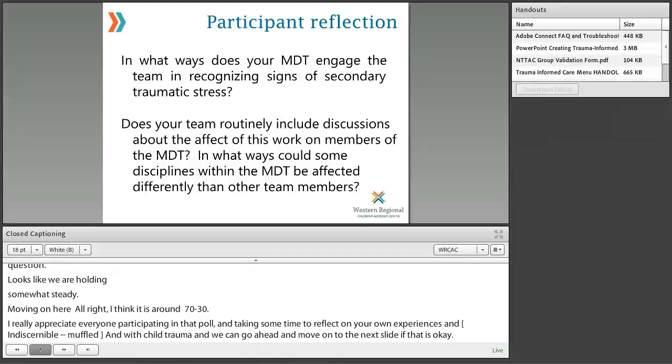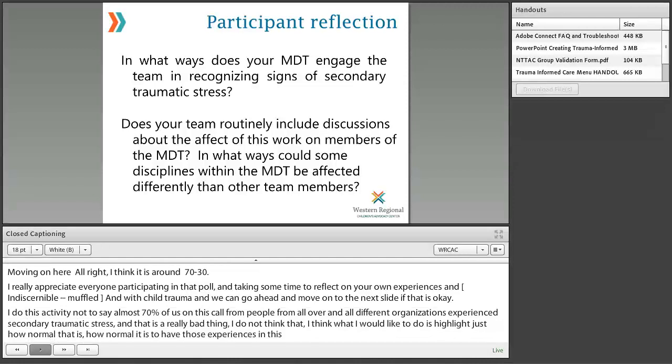I'd like to highlight just how normal it is to have those experiences when you're in this field, and to validate that this is an experience a lot of us have, that it affects our work, and that it's really worth taking the time in our organizations to have the space to learn about secondary trauma and its impact on us and ways in which we can reduce that as a workforce. I really see this as quite a critical piece of trauma-informed care. So with that, I'm going to pass it back over to Sally.